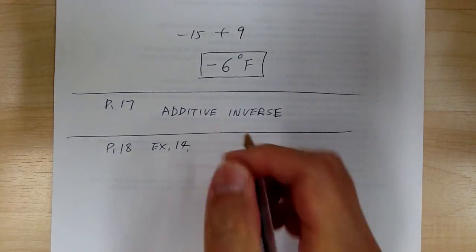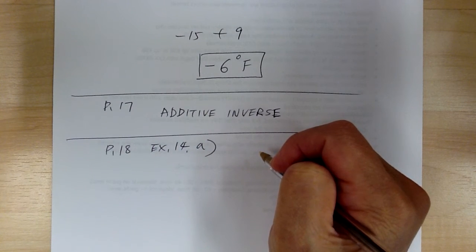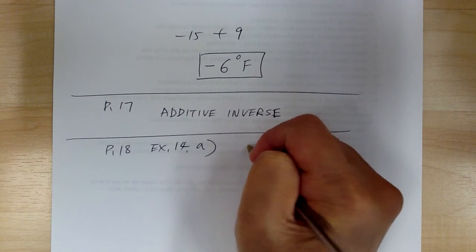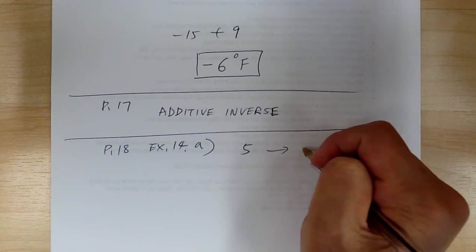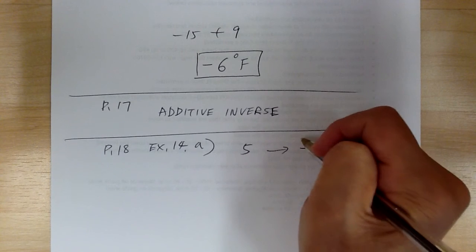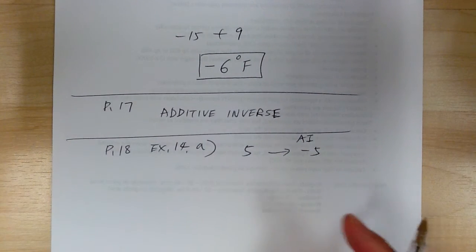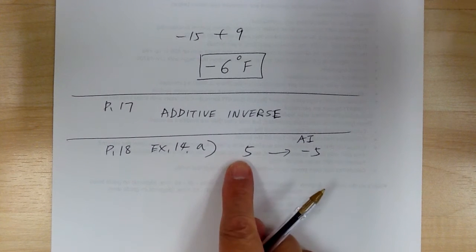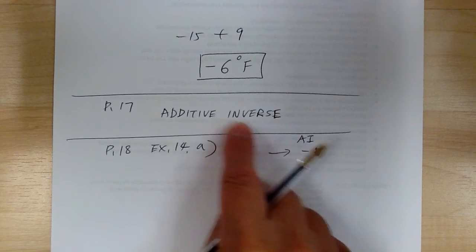Example 14a, the additive inverse of 5 is negative 5. So if you have 5, the additive inverse is negative 5. I'm just going to call it AI, okay, additive inverse. Again, it's just the opposite. Okay, so again, inverse means the opposite of adding.